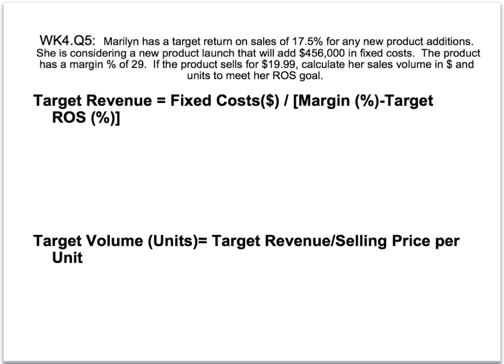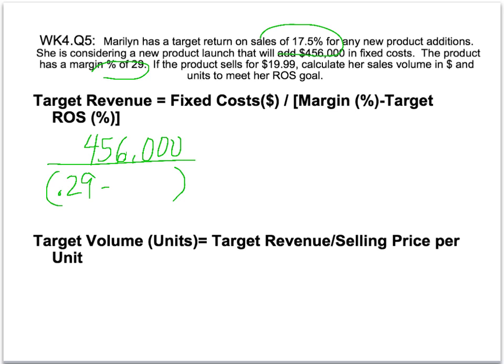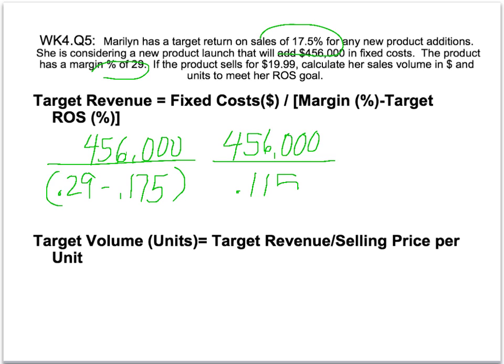So in this case here, we have fixed costs of $456,000. Let me make that a little bit more clear. And we're dividing that by our margin of 29%, so 0.29, minus our target return of 0.175, which gives us 456,000 divided by 11.5%.